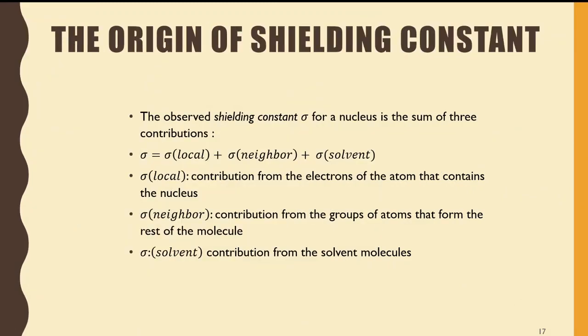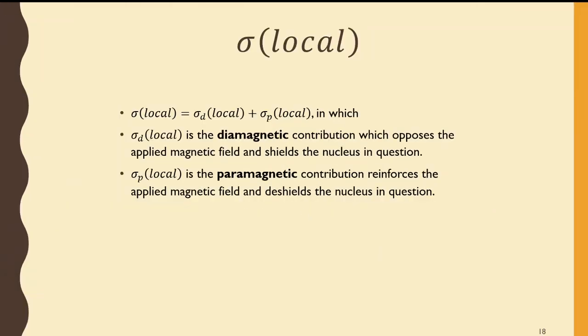These are just extra. The shielding constant, the source of it can come from the contribution from the electrons. It can come from the rest of the atoms, the groups of atoms in the molecule, and it can also come from the solvent.